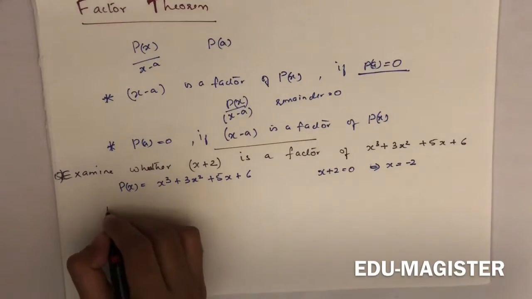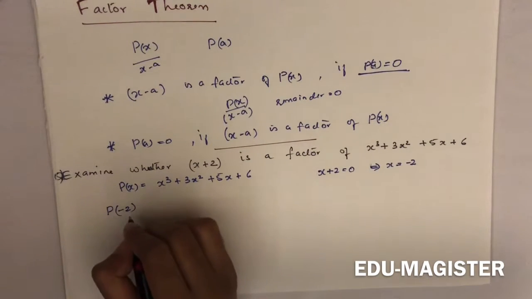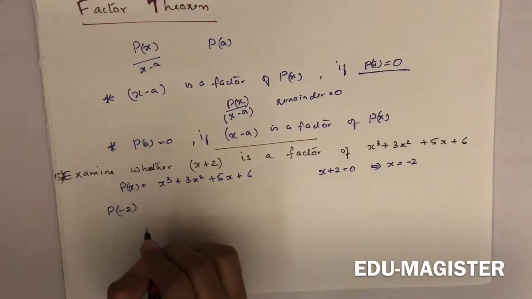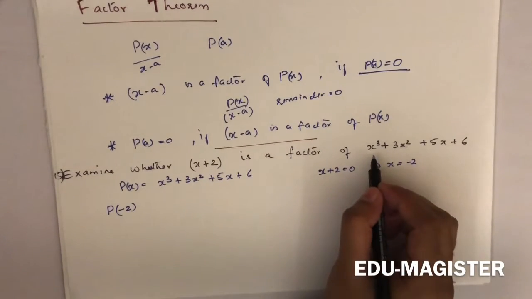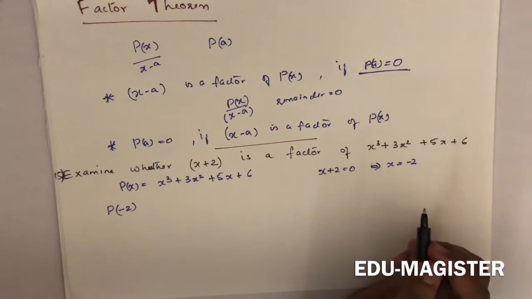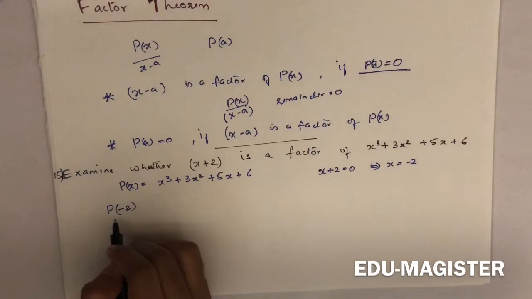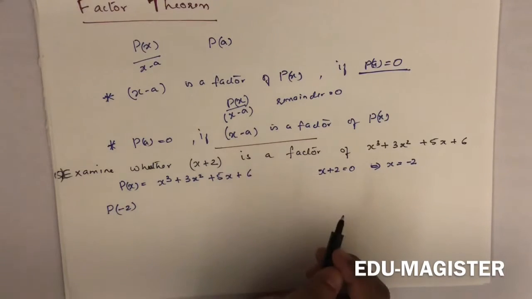Now we need to find p of minus 2. If we get p of minus 2 as 0, that means x plus 2 is a factor of x cubed plus 3x squared plus 5x plus 6. So we need to check if p of minus 2 is 0. Only then we can say that x plus 2 is a factor of p of x.